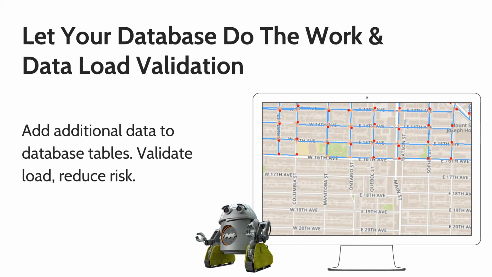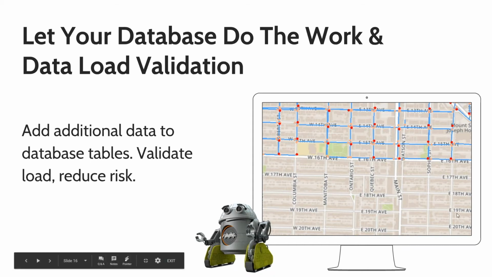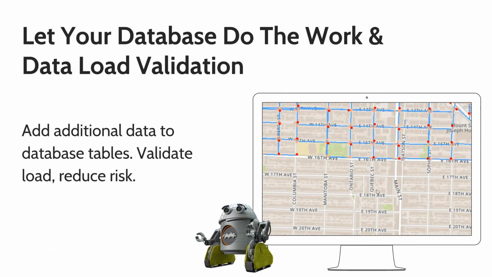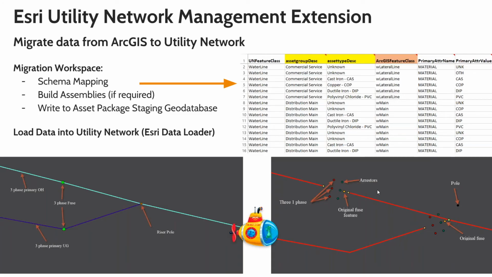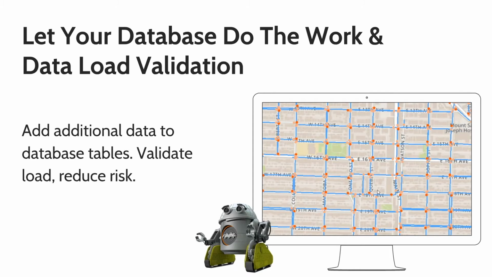And now somebody has given them a work order to work on the Stokes house here down on 19th in Quebec. So that's out of the area of interest that they first downloaded. So what they want to do is add that second set of data to their GeoPackage without overriding the first set of data that they had.